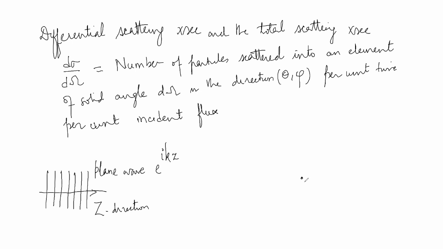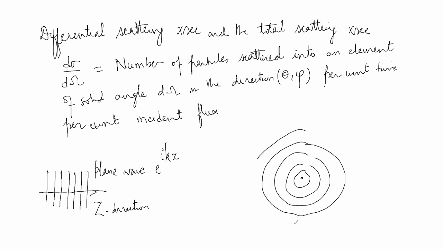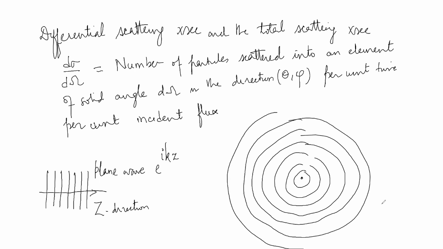Now what happens when a scattering center is present? Scattering may happen and the particle may move in any direction. That means from here you can have a spherically outgoing wave.